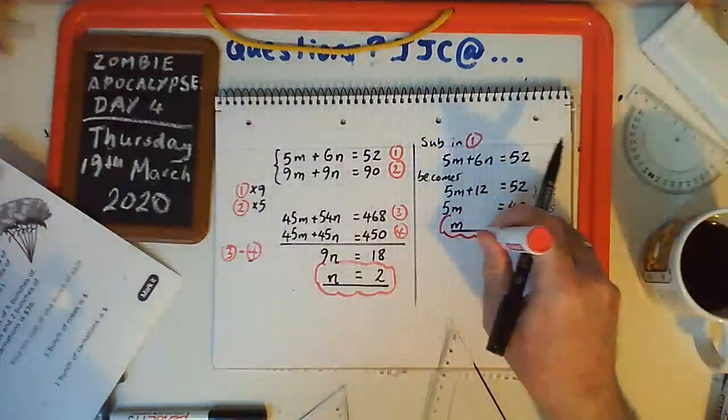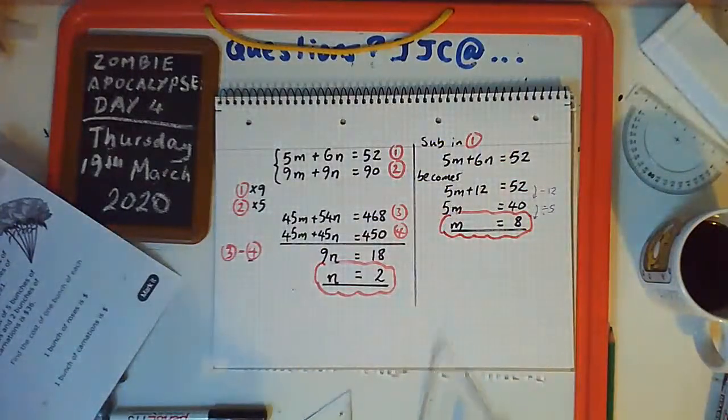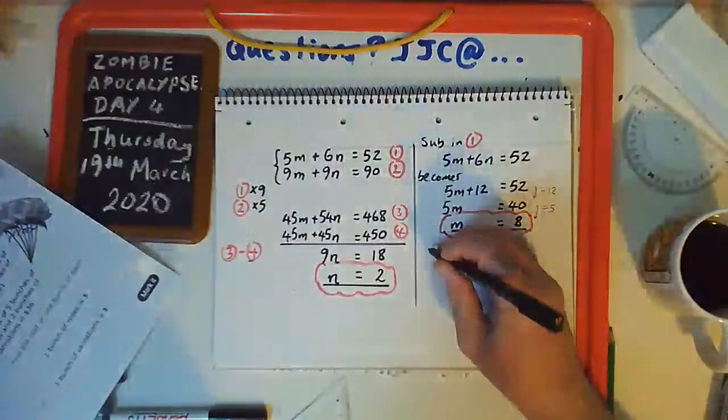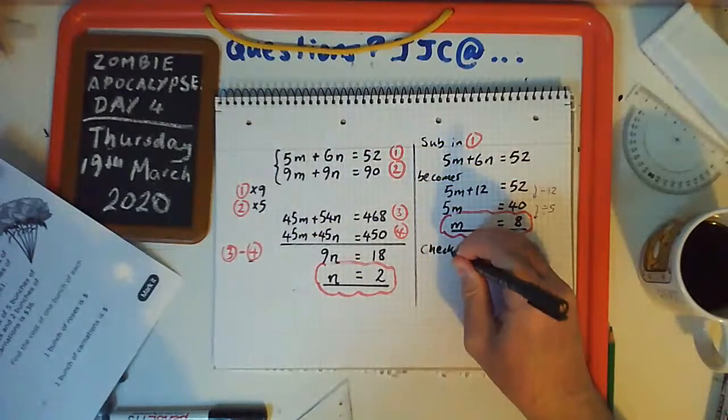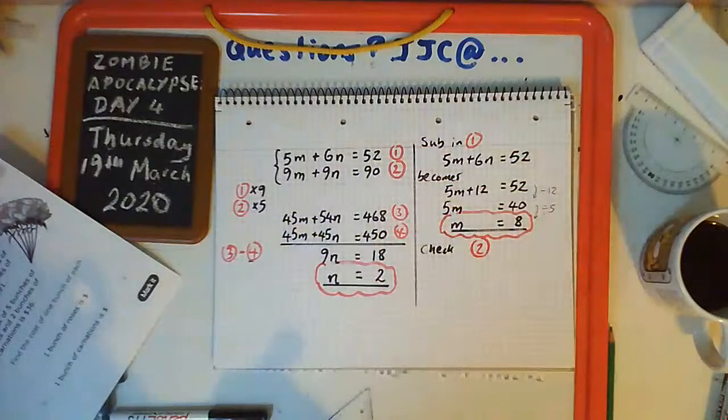Okay, so we think that's our solution. We think that m equals 8 and n equals 2 is the solution that solves both equations. But I'm just going to check that by putting those numbers into equation 2 and checking it does work.